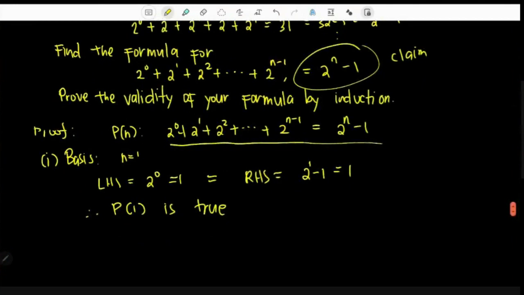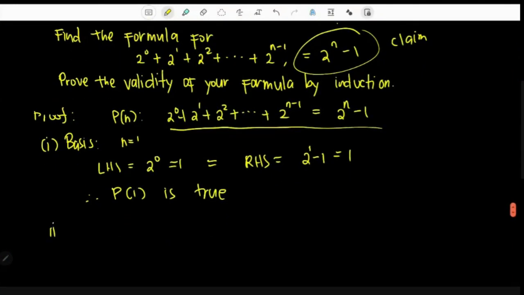All right. Now, the next step is to assume. We want to assume that the formula holds for an integer k greater than or equal to 1. So let's assume that P of k is true for some k greater than or equal to 1.